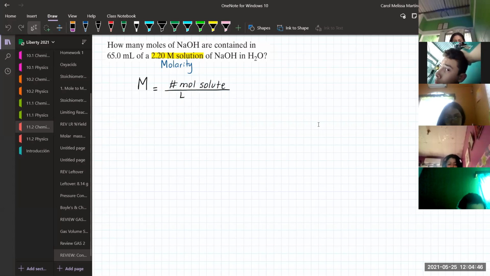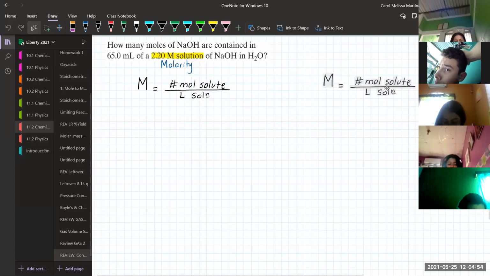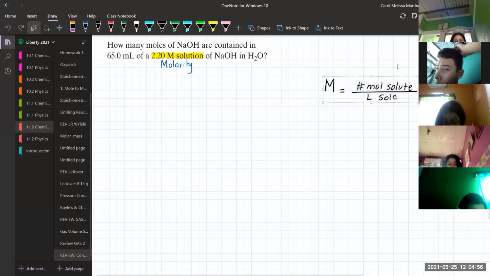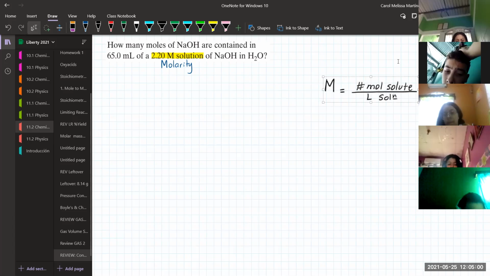So for this exercise, this is the equation that we will be using. I need to focus on the number of moles and liters of solution. So let's take a look.